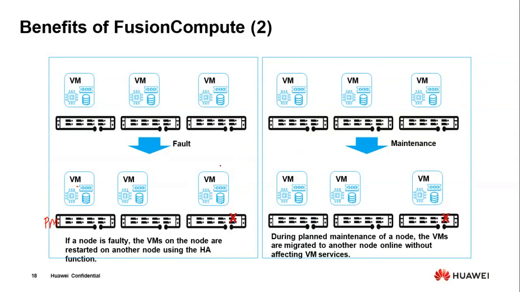Now, look at this. This shows that there's a problem on this physical server. So if there's a problem on this physical server, is it going to affect the virtual machines that you created on it? The answer is no, because you can migrate the virtual machine to the next physical machine, and then you just need to restart it using what is called HA.